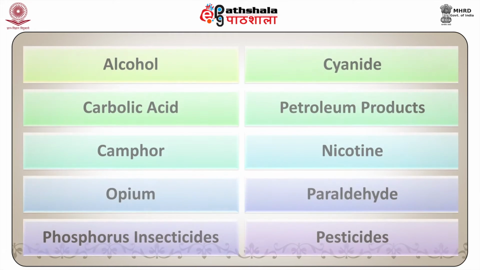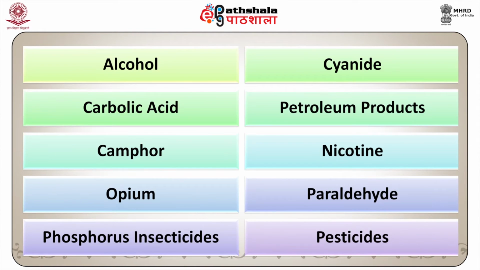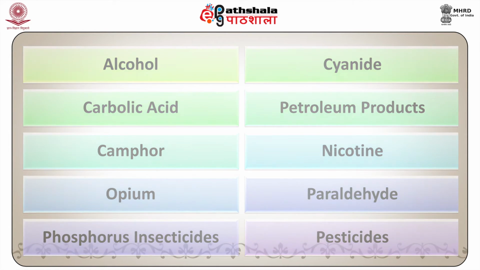In case of poisoning, a peculiar smell will be observed on opening the body or when the body is being dissected. The substances detectable by their smell are alcohol, cyanide, carbolic acid, petroleum products, camphor, nicotine, opium, paraldehyde, phosphorus, insecticides and pesticides, etc.